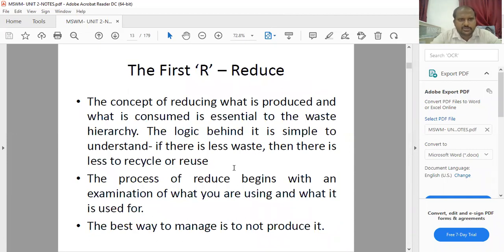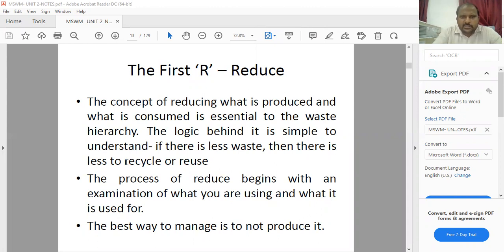First, here is reduce. The concept of reducing what is produced and what is consumed is essential to waste management.